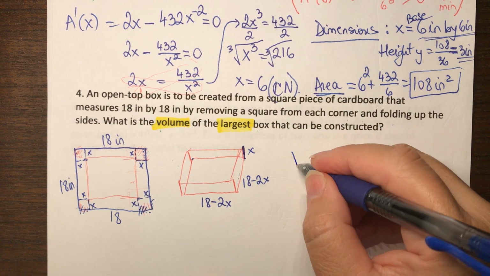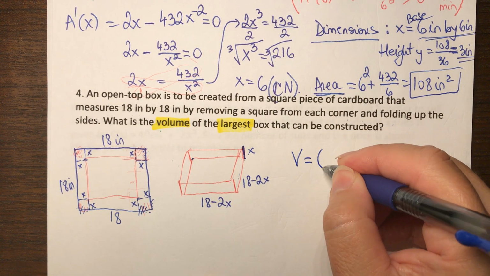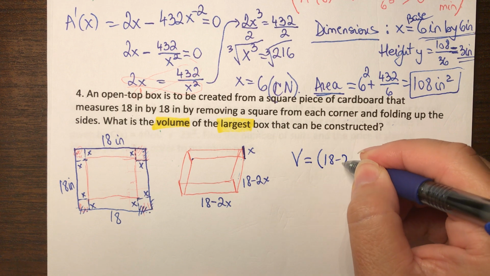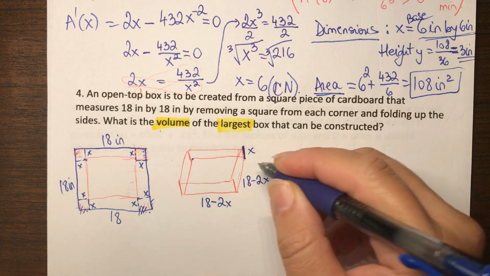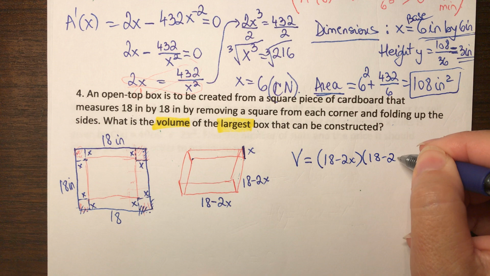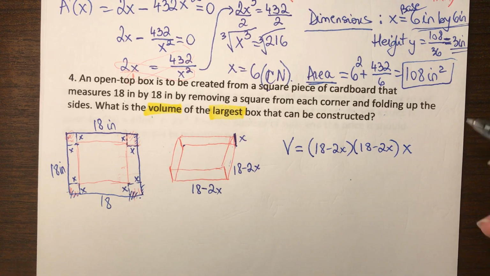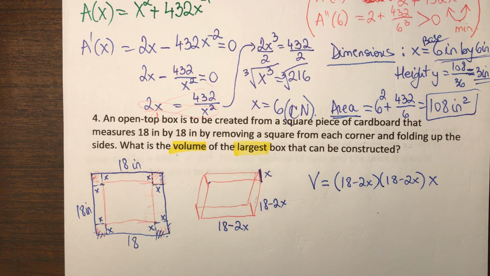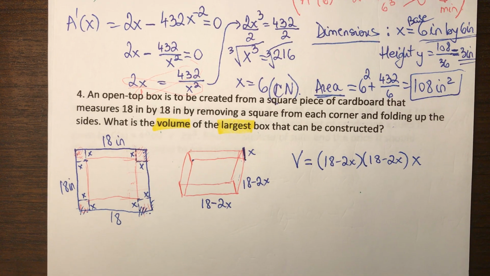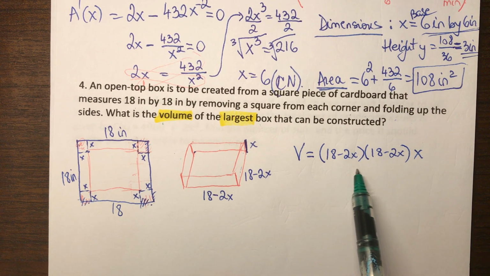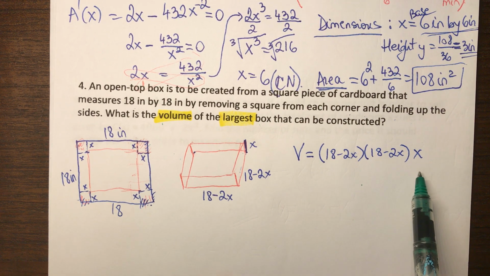So easily enough, what's the volume of this box? It's length times width times height. Okay, so the nice thing is, is anything else given? No. And I don't need any other condition. Why? Because this whole function depends on one variable only.